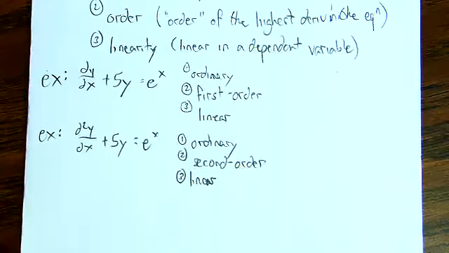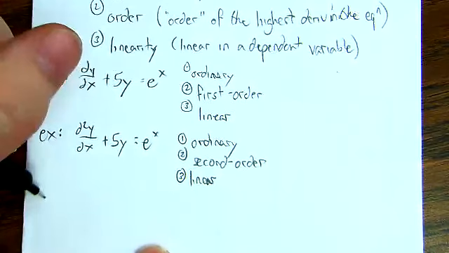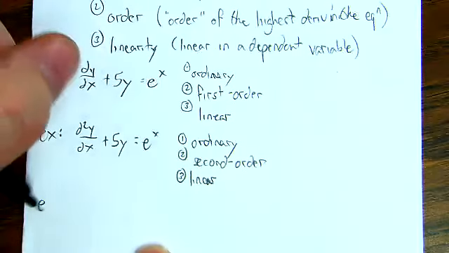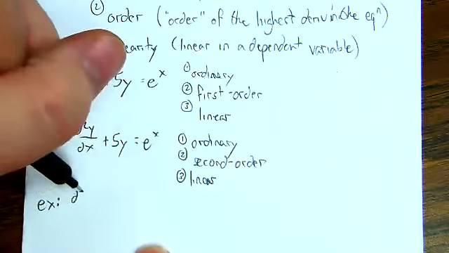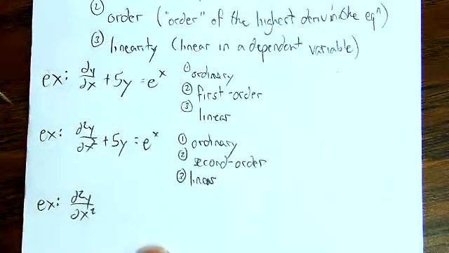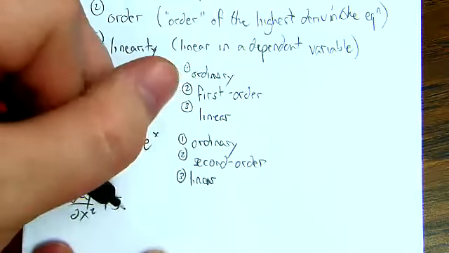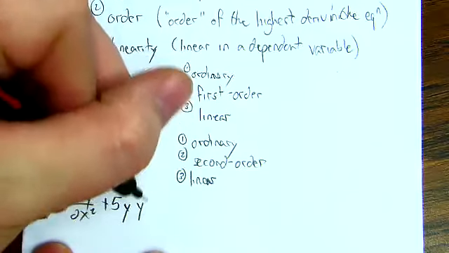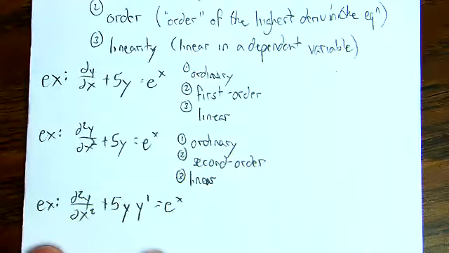And we could imagine, I mean, we could have an equation where we've got the 16th order derivative, right? Or the 16th derivative. So that would be a 16th order differential equation. So let's contrast this with a nonlinear differential equation. So if I modify this further, say d squared y dx squared plus 5y times y prime is equal to e to the x.